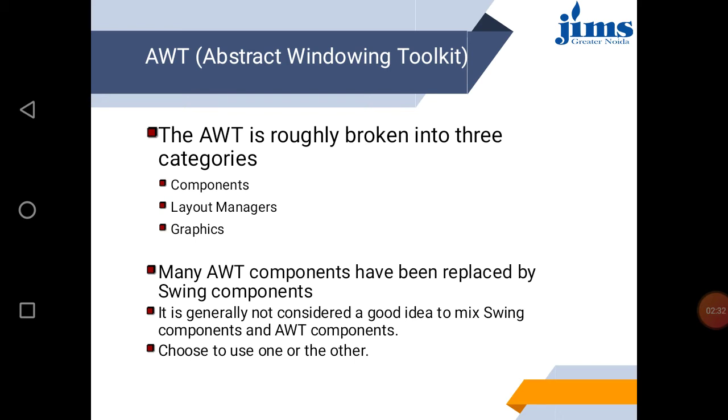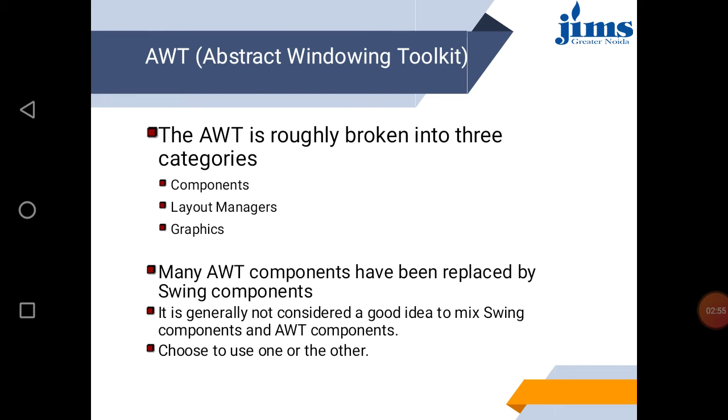AWT basically uses most of the classes and different components of the window operating system, and it looks very similar to window components. Many AWT components have been replaced by Swing components.